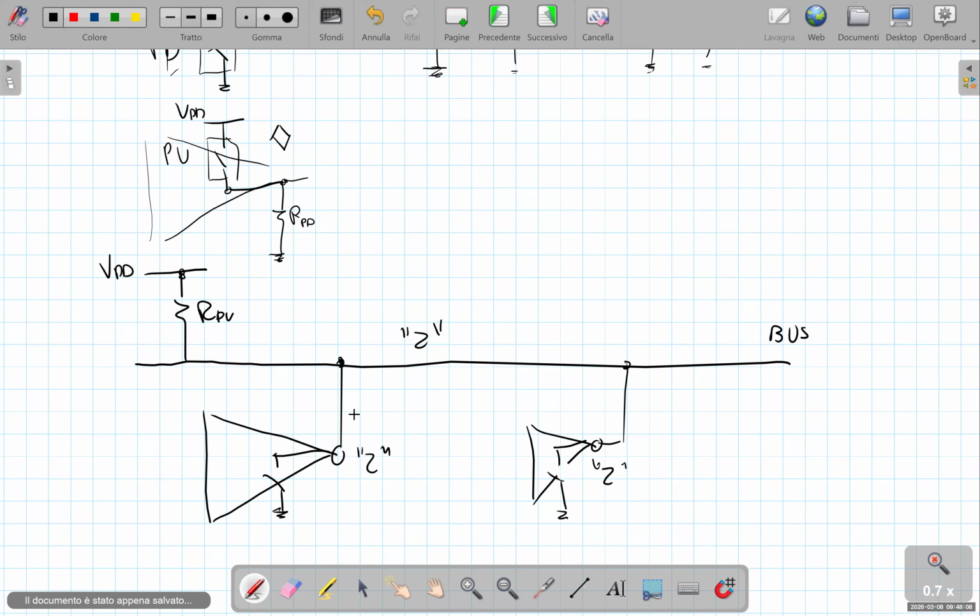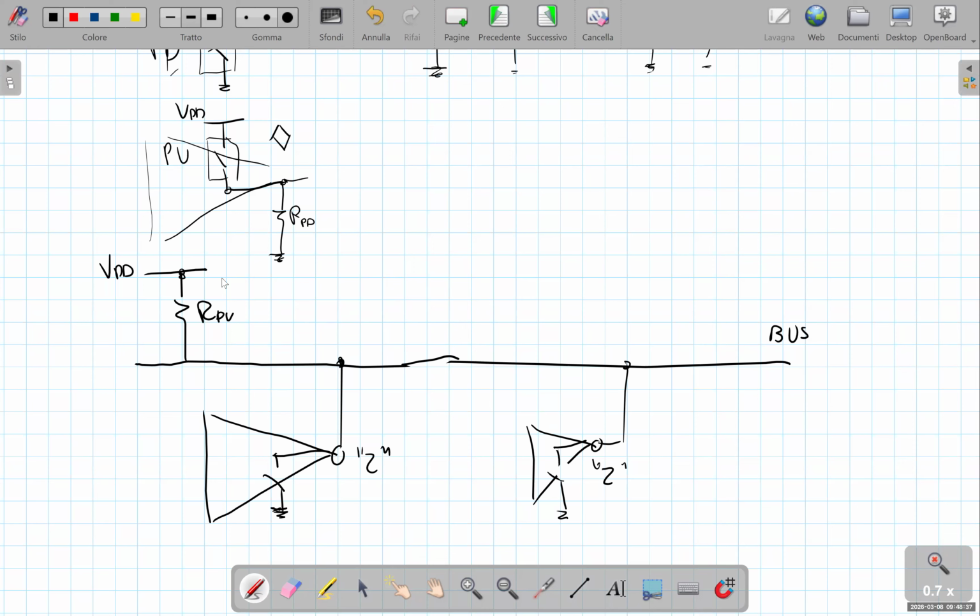You can observe that just one pull-up resistor is sufficient for all the gates on the bus. We don't need a single pull-up resistor for each gate.